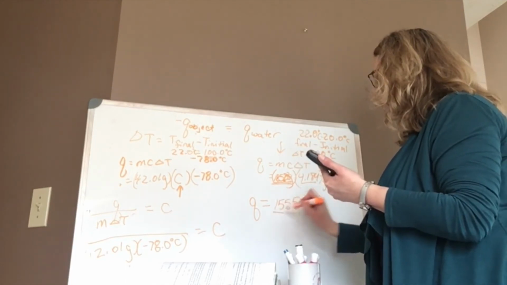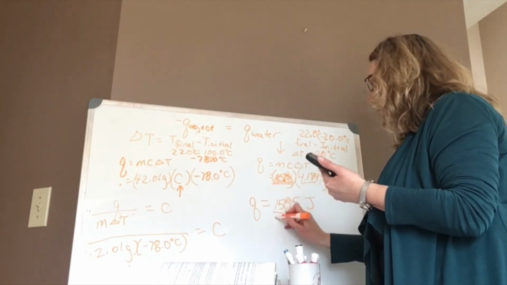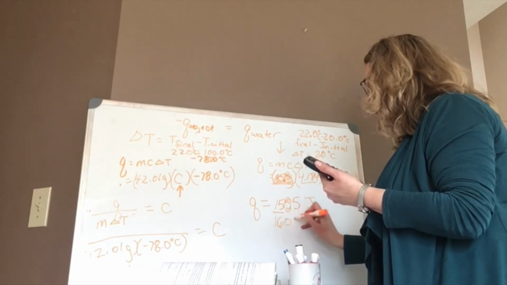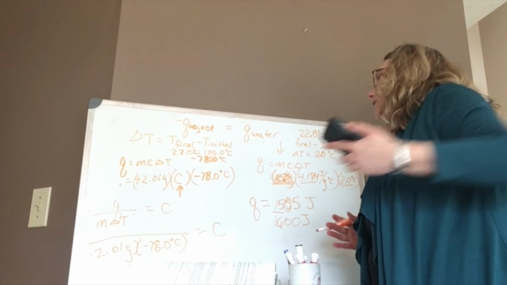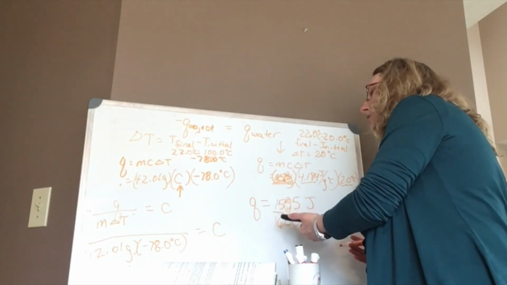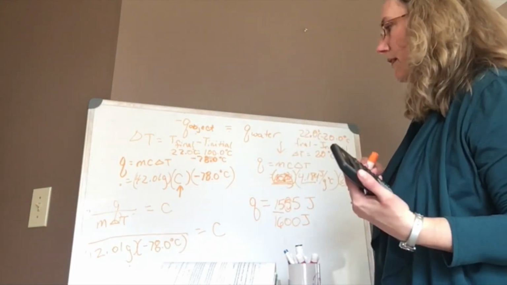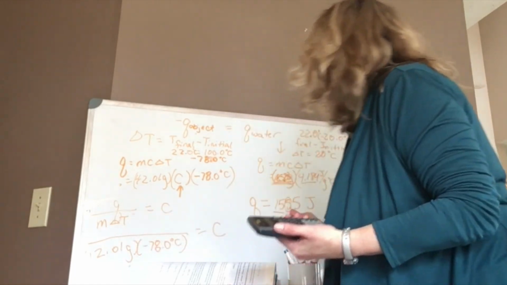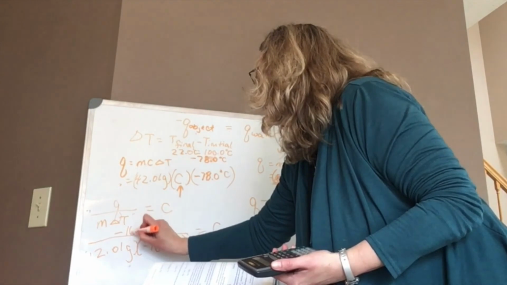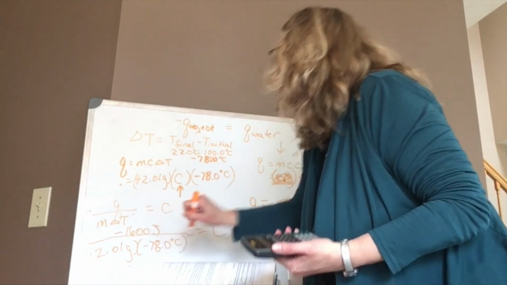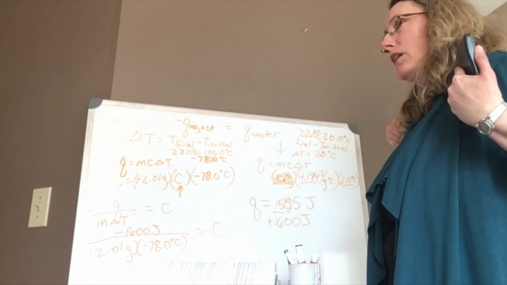So I only get 2 significant digits, but this is a 5, so it's going to round up. So 1600 joules went into the water. That's how much joules came off of my object. This is positive, went into my water. So it's going to be negative 1600 joules that went out of my rock.